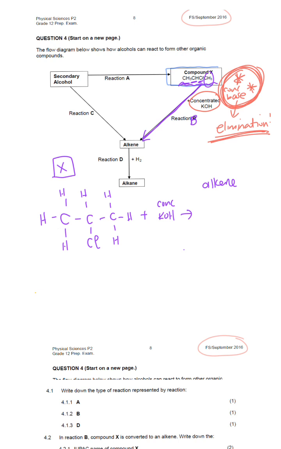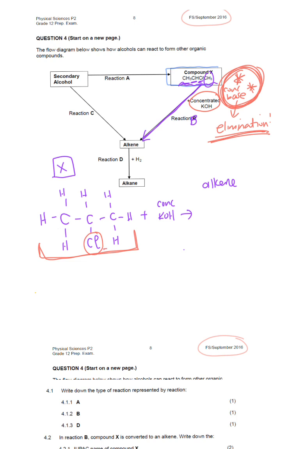So if I look at this reaction, I need to do an elimination. So the first thing that would be eliminated is the atom that does not belong there, and that would be chlorine. So we know that the chlorine would be removed. But chlorine is not removed on its own. A hydrogen will join it.